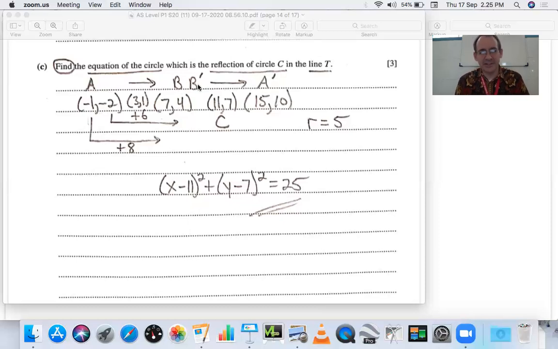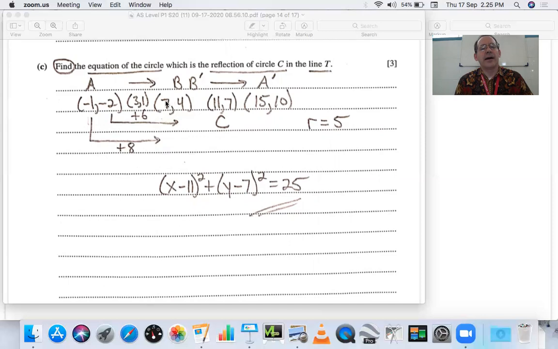So B, I just made it become B prime, and the A will flip all the way over to the other side, A prime. And again, what we need for an equation is we need the center and we need the radius. So I just put A and B, or you could even put the center also. Notice from -1 to 7, you have to add 8.